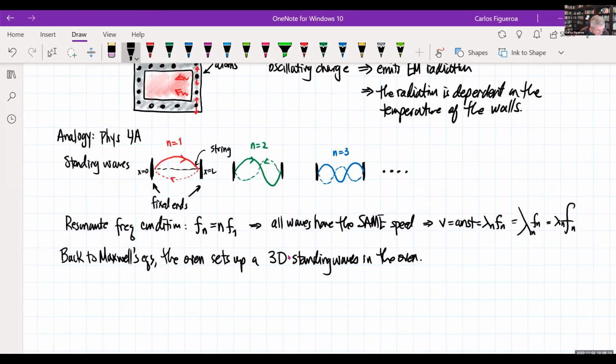And so if I now look at this, what Maxwell's equations imply is that electromagnetic waves generate standing waves within the oven.